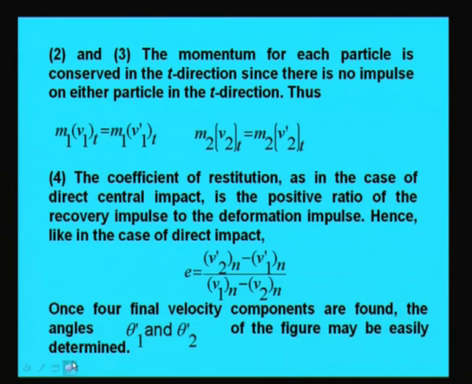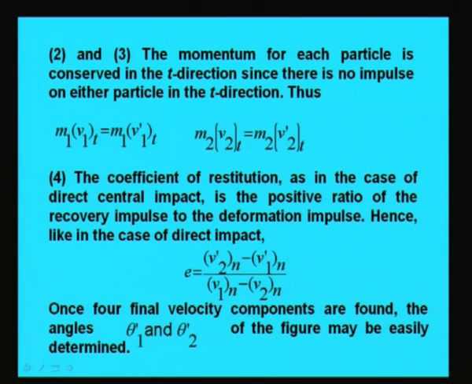So we define it with respect to the normal velocity. As in direct central impact, it is the positive ratio of the recovery impulse to the deformation impulse. Hence, as in direct impact, we get e is equal to v2 prime n minus v1 prime n divided by v1n minus v2n. So this is the normal condition.